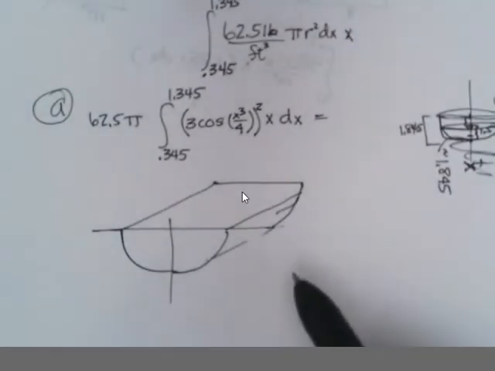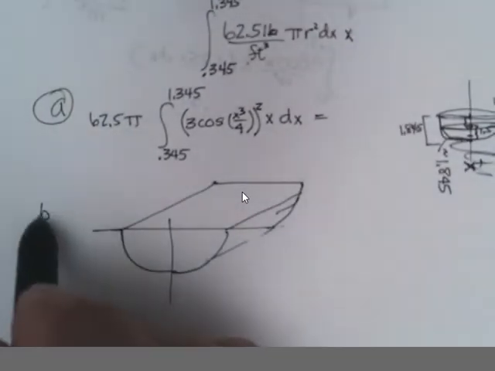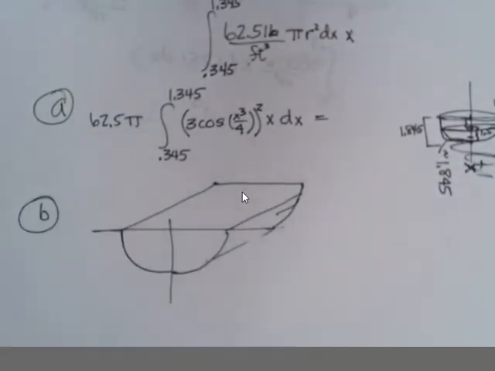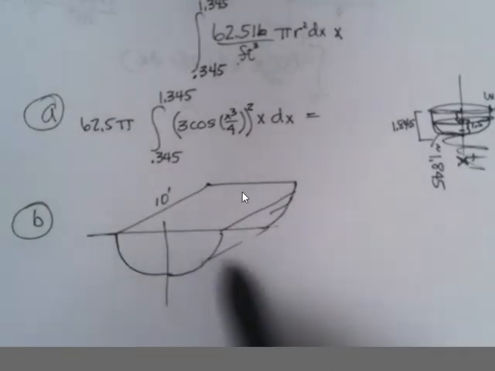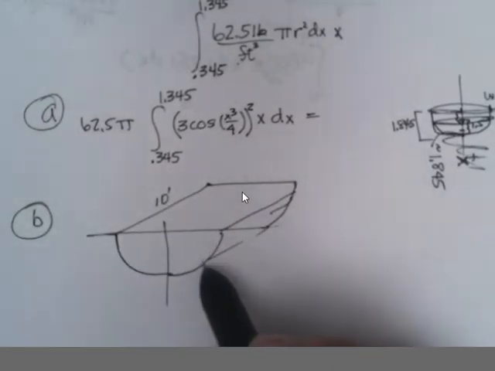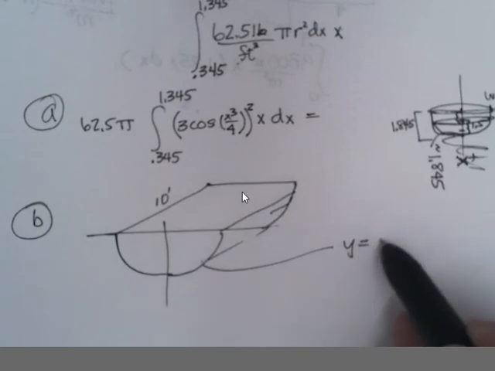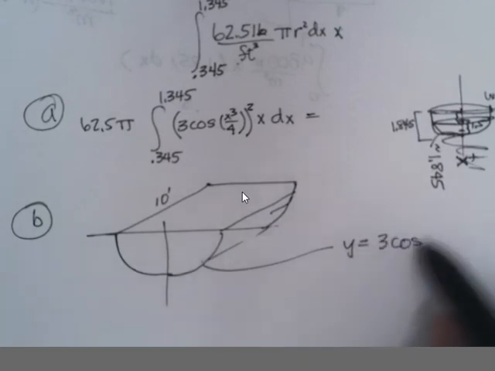Okay, so it looks something like that. And this is 10 feet. And this is that same equation for the shape: y equals 3 cosine of x to the third over 4.